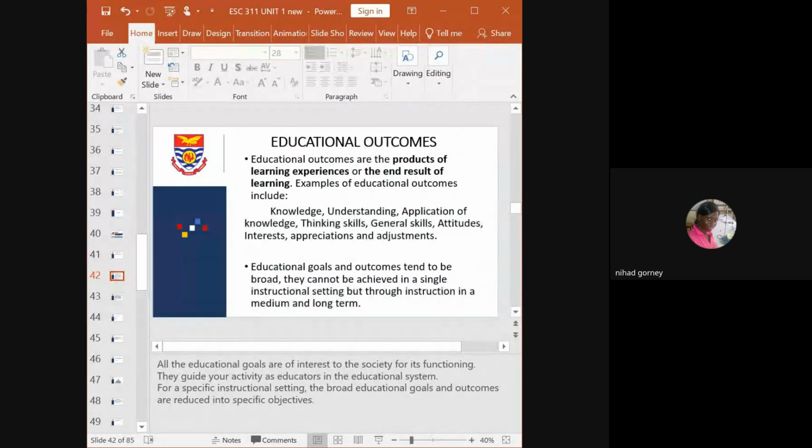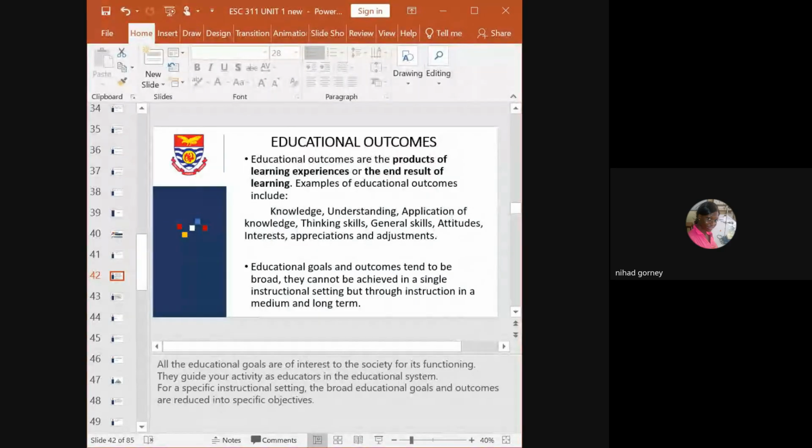At the end of the day, after going through all the learning, there should be something like knowledge. So the product of going through learning is for you to be able to know. So you gain knowledge, and you gain understanding of a basic concept.